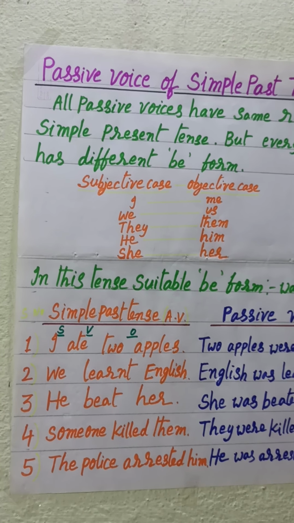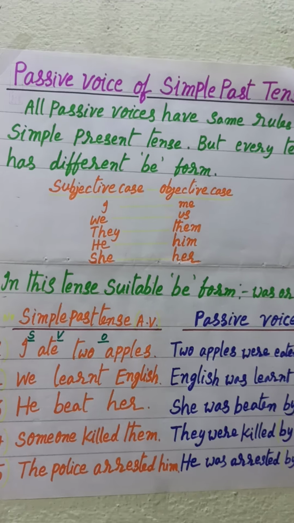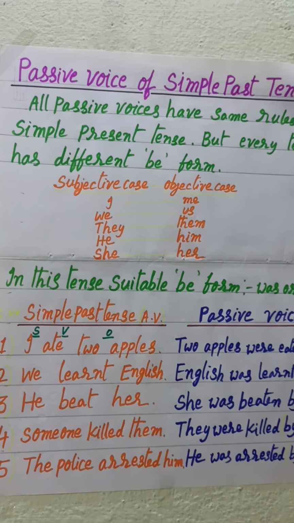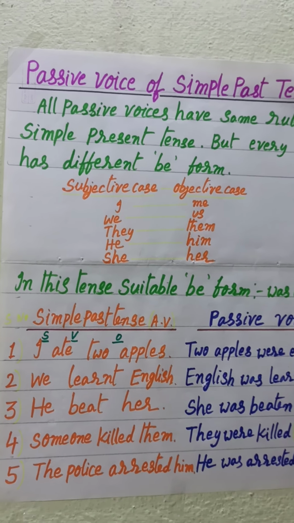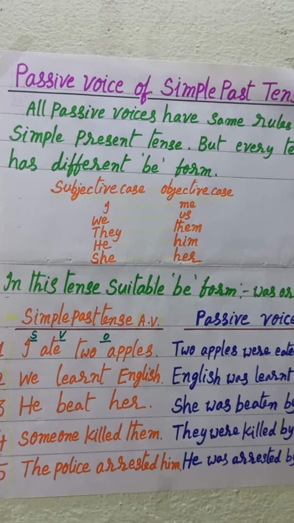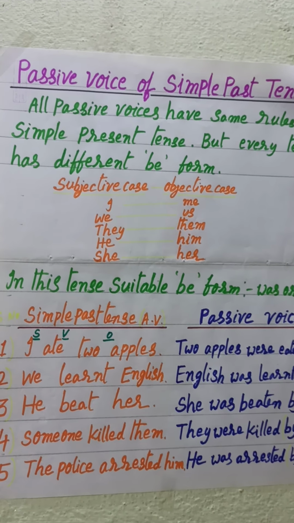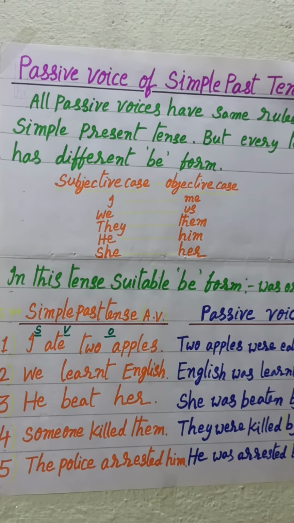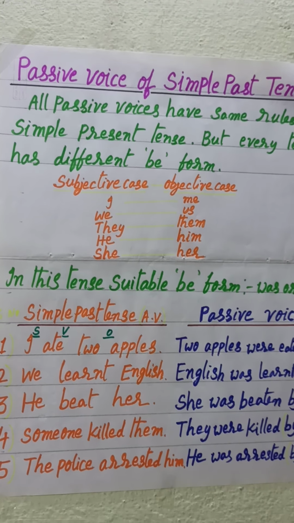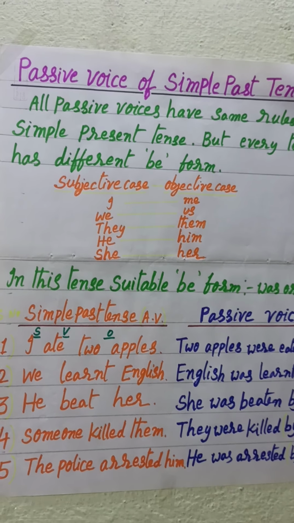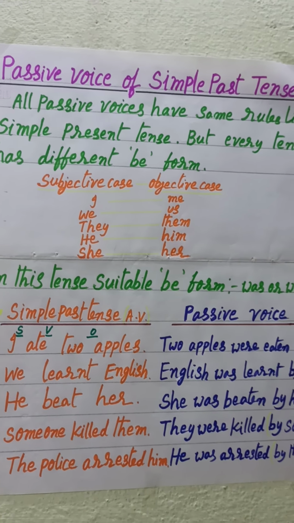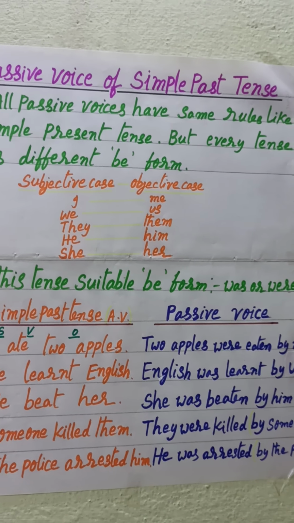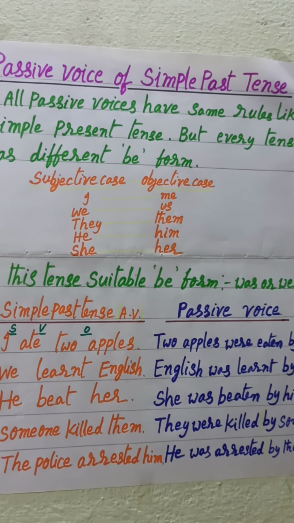In the passive voice, we write the V form before the subject. That is, were two apples eaten by me, and add question mark.